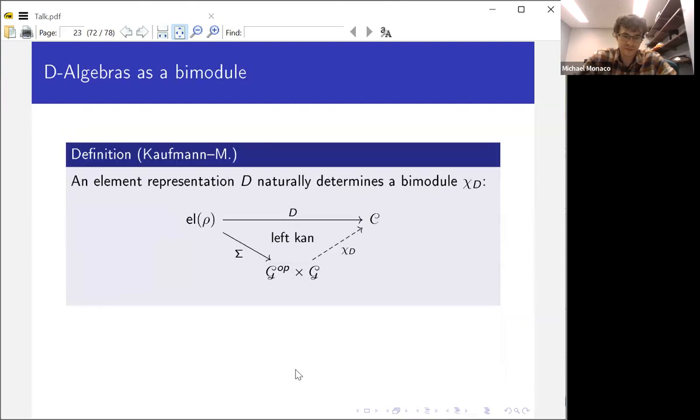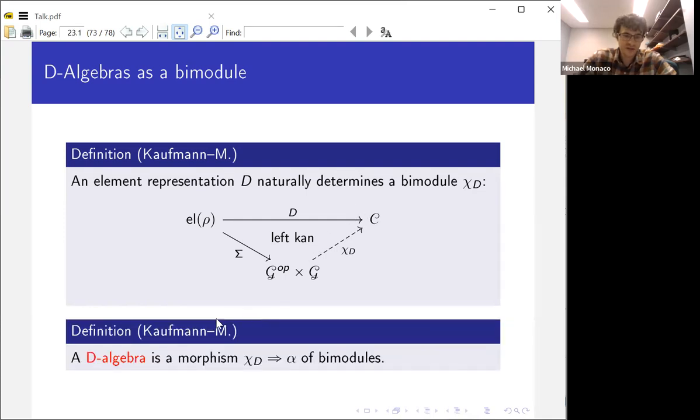For the bimodule version, there's a way to turn any element representation back into a bimodule. It's done by taking this left Kan extension here. This is very closely related to an idea called an index enrichment. Then a D algebra would be defined as chi D into A.